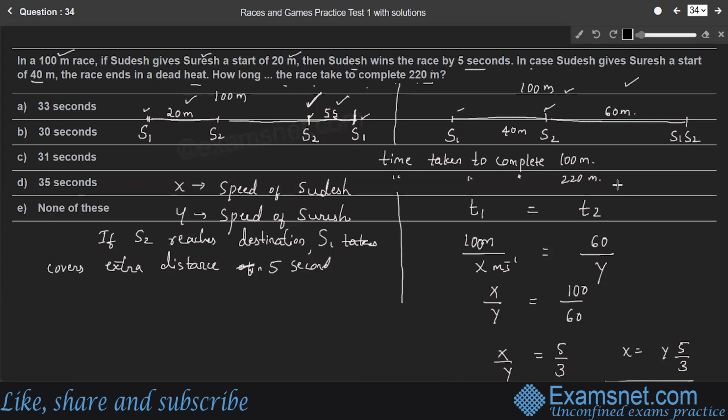Suresh needs 5 more seconds to reach the destination. If he reaches the destination, the first person Sudesh will be somewhere here, 5 seconds ahead of the second person.